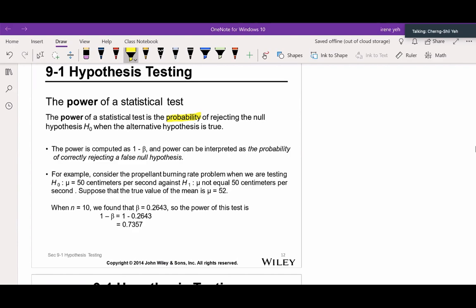It is calculated pretty straightforwardly: 1 minus beta, where beta is our type 2 error. Subtracting the probability of drawing an incorrect conclusion gives the power of your hypothesis testing. So mathematically, it is the probability of correctly rejecting a wrong H0. Okay?